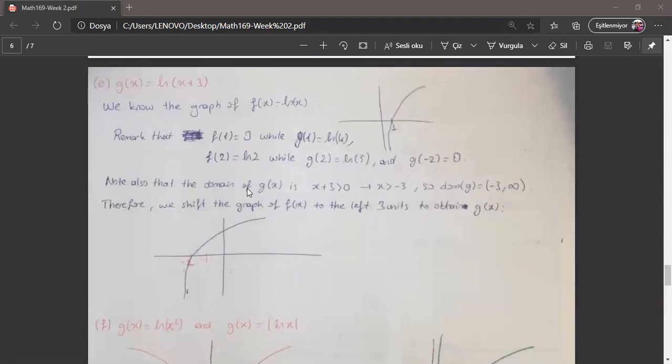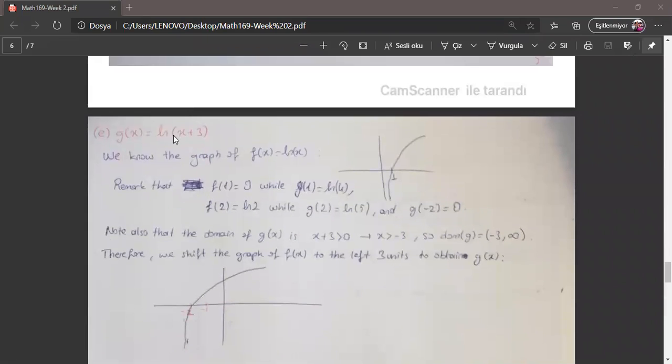What about this? We have ln of x plus 3. We know ln of x, remember this graph. Now we know this one's domain should be this. Why? Because we know the logarithmic function is defined on positive real numbers. So x plus 3 should be greater than 0.